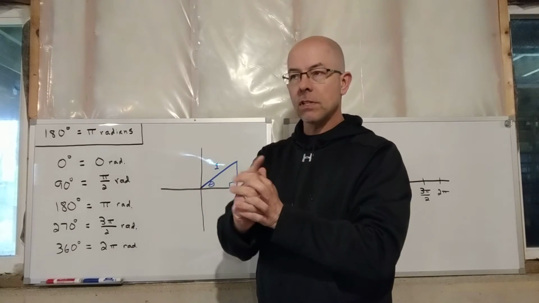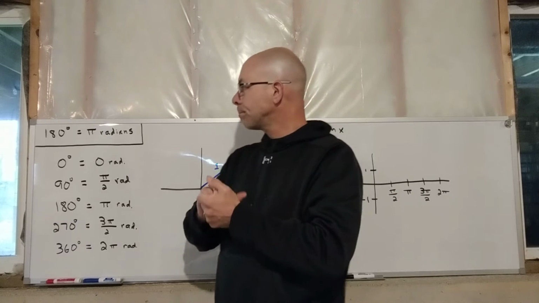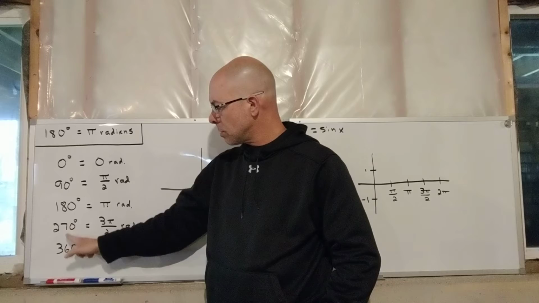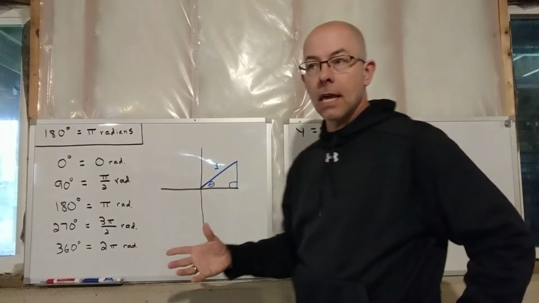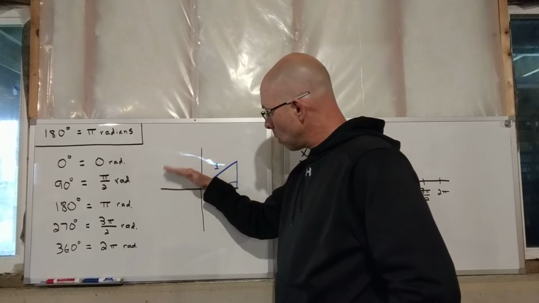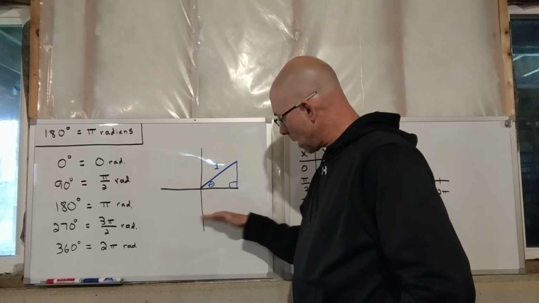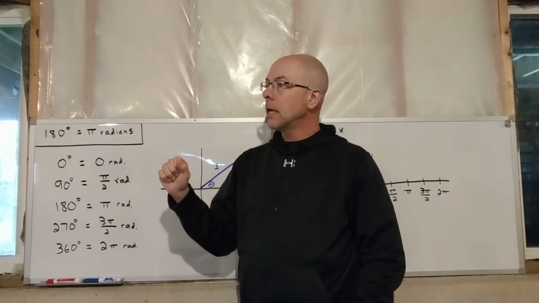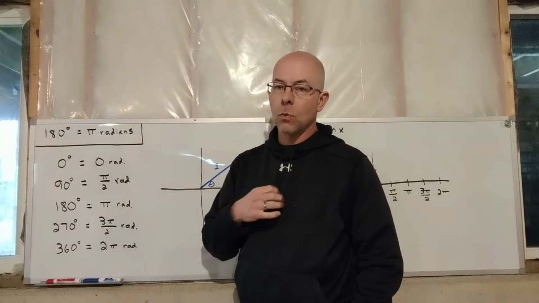We did that in the previous assignment. But I'm going to focus on 0 degrees, 90, 180, 270, and 360. Those are very key. As you rotate around, here's 90 degrees, 180, 270, back to 360. And I'm going to ask some weird stuff.